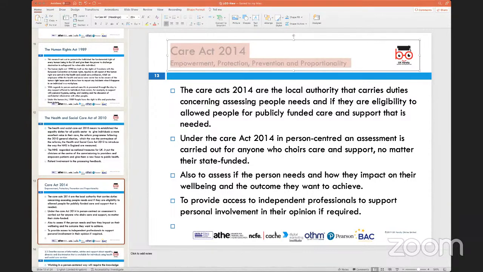So when we talk about the CARE Act of 2014, what we are looking at is the act which was introduced by Parliament in 2014, and essentially allows for adult social care in England to be provided.